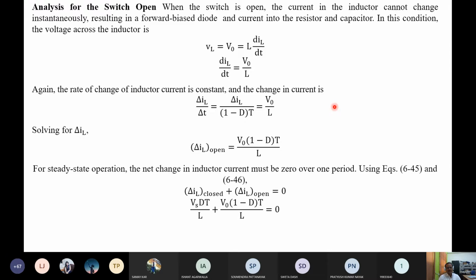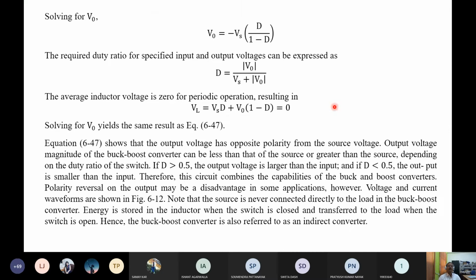V0 is equal to minus Vs D by 1 minus D, right? So what we got here is that the polarity of the output voltage is opposite to that of the input voltage.